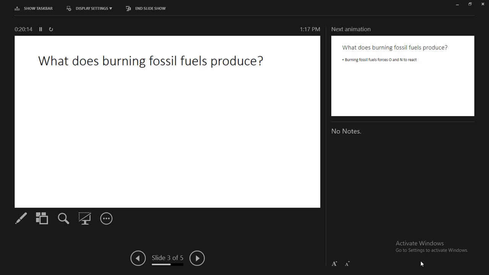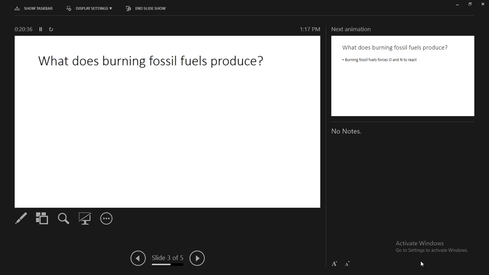The two big things you often hear associated with burning fossil fuels are greenhouse gases, creating gases that trap heat, which there's really no arguing, right? Some gases reflect sunlight back and trap heat. And the other one is pollution, and there's really no arguing that.